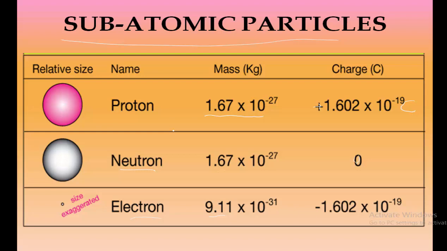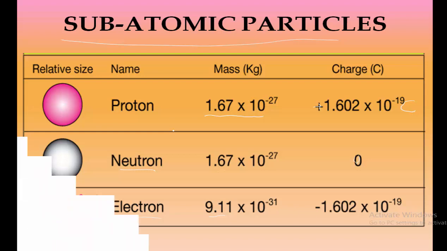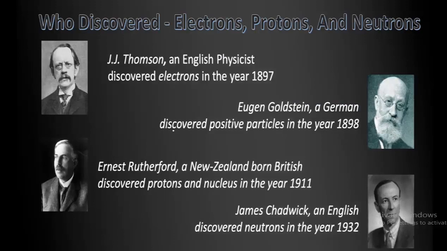So who discovered these proton, neutron and electrons? The electrons were discovered by J.J. Thomson in the year 1897.